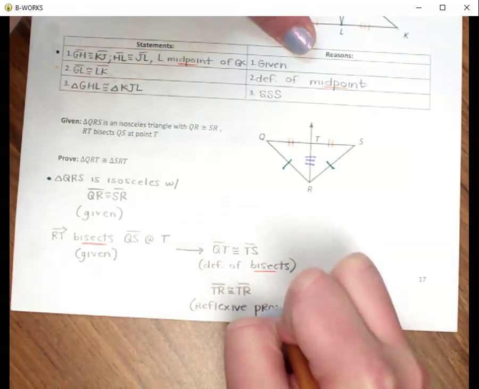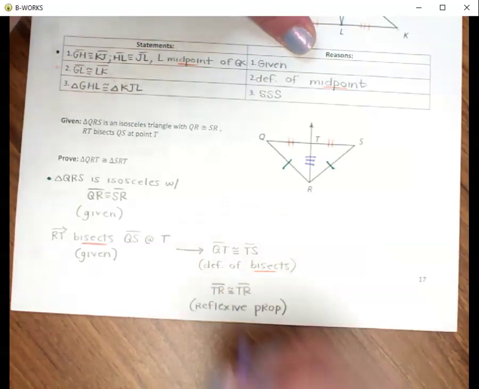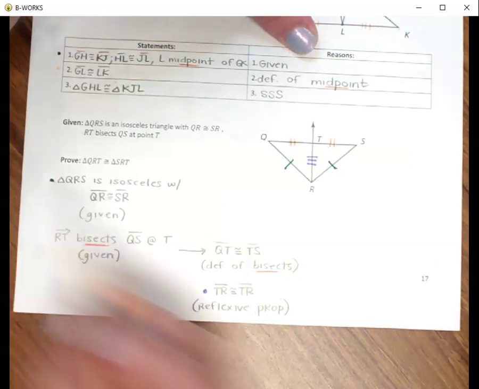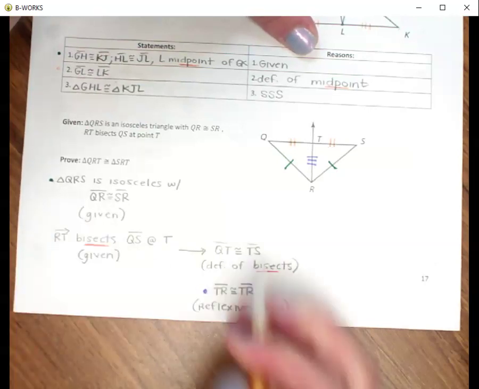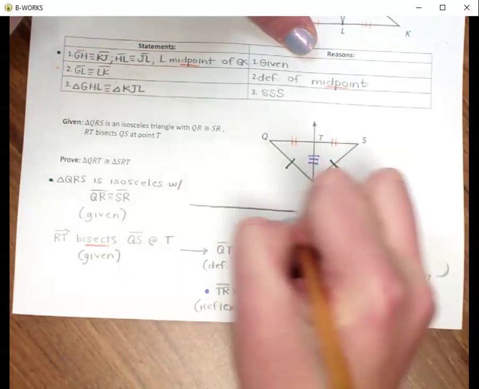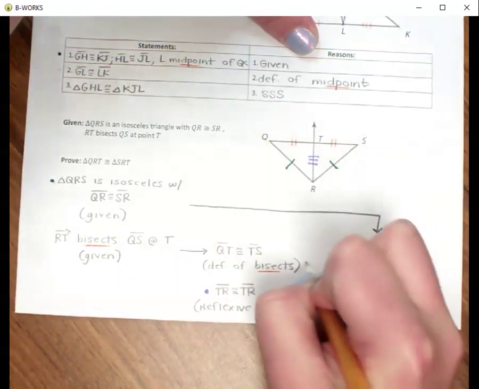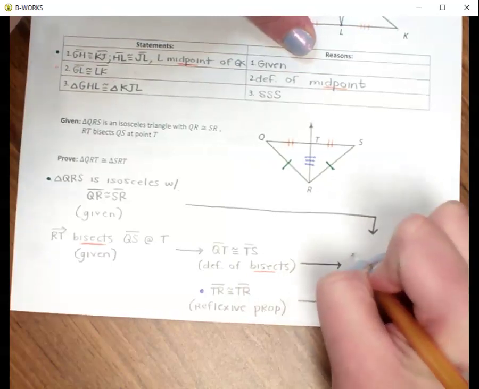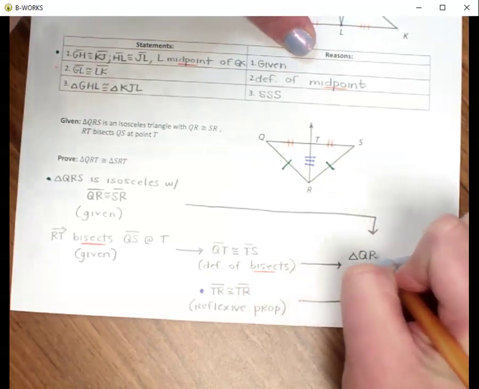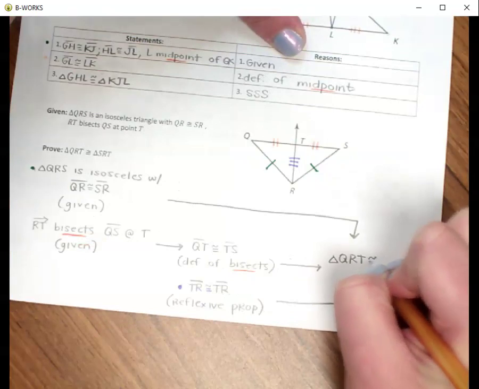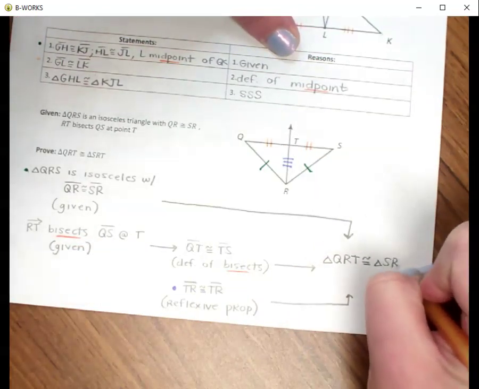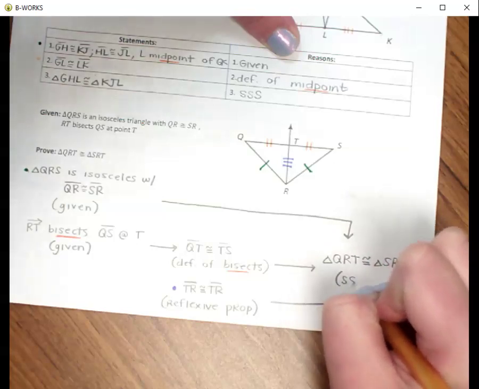This is information that we got from our picture, that's why we marked it in purple. That's one piece that we marked, two pieces, three pieces, and they're all three sides. So now we can say that triangle QRT is congruent to triangle SRT by our side, side, side shortcut.